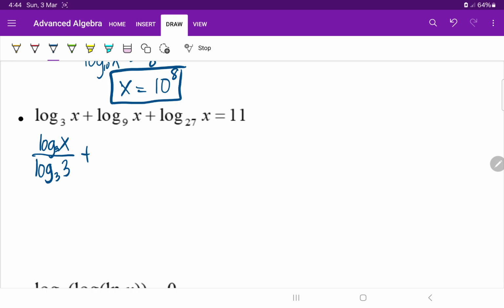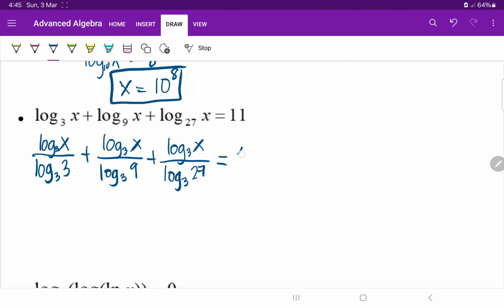Okay, plus for the next term, I can also express this as log base 3 of x over log base 3 of 9. Okay, and for the third term, I can write this also as log base 3 of x over log base 3 of 27. Then this is all equal to 11.